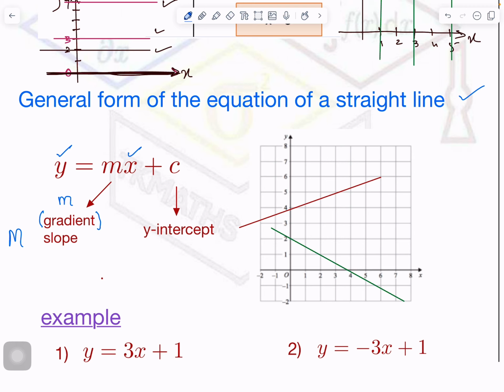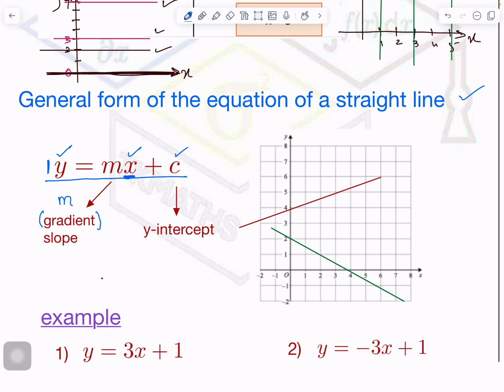We will study it later. So right now you have to remember that when a line is written like this, and the y coefficient is 1, then the number written with the x represents the gradient of the line. And this c represents the y-intercept.